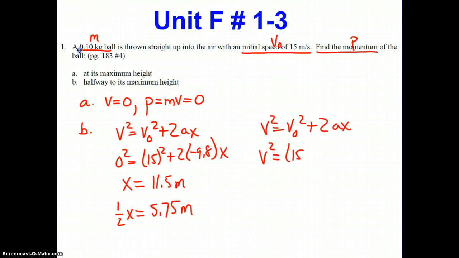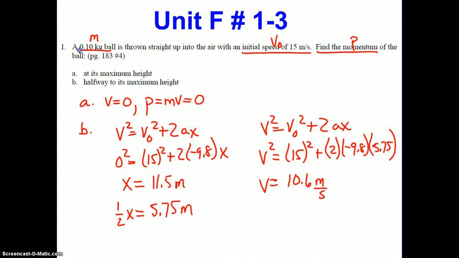We still have an initial velocity of 15, plus 2 times negative 9.8 times the distance, 5.75. Solving for v, remembering to take the square root, we get an answer of 10.6 meters per second. We've taken that out an extra digit so we don't end up sig figuring ourselves there.